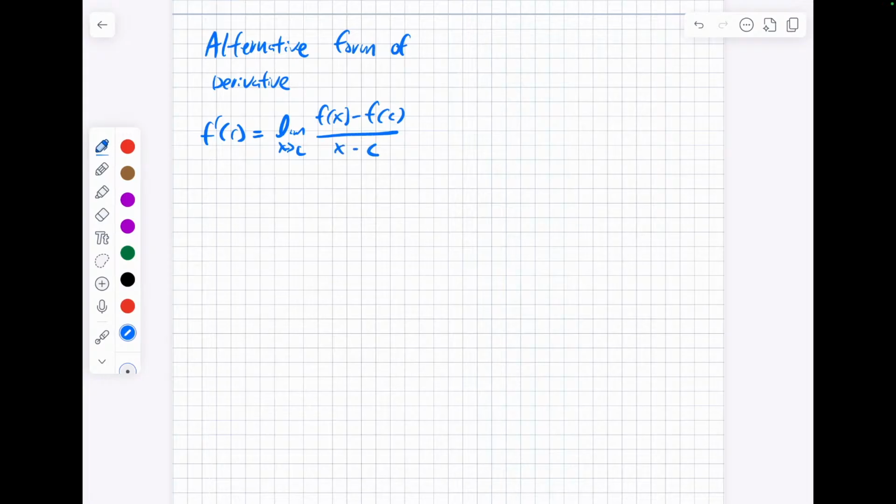So this is called the alternative form of derivative, as opposed to the definition of derivative, which is f prime of x equal to the limit as h approaches 0 of f of x plus h minus f of x over h.